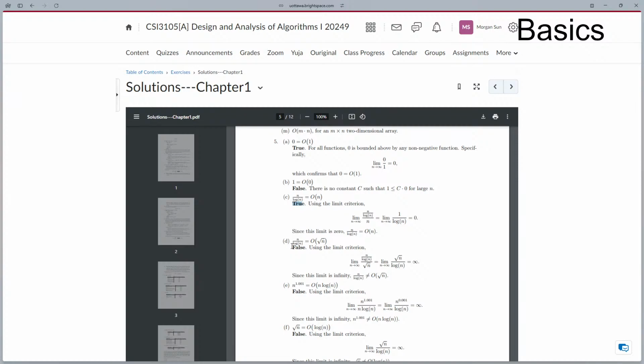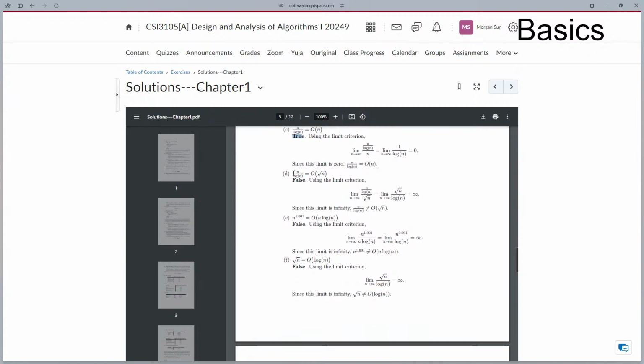Oh, right, because n divided by log n is smaller than O of n. So yes, that's true. And then this is false. Yep, this is false. This limit is infinity. Okay, I forgot the math level, so it's false.